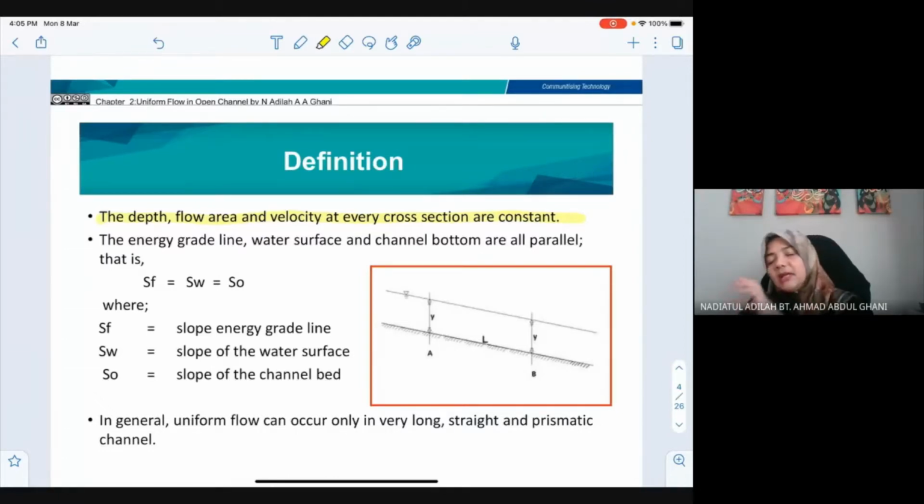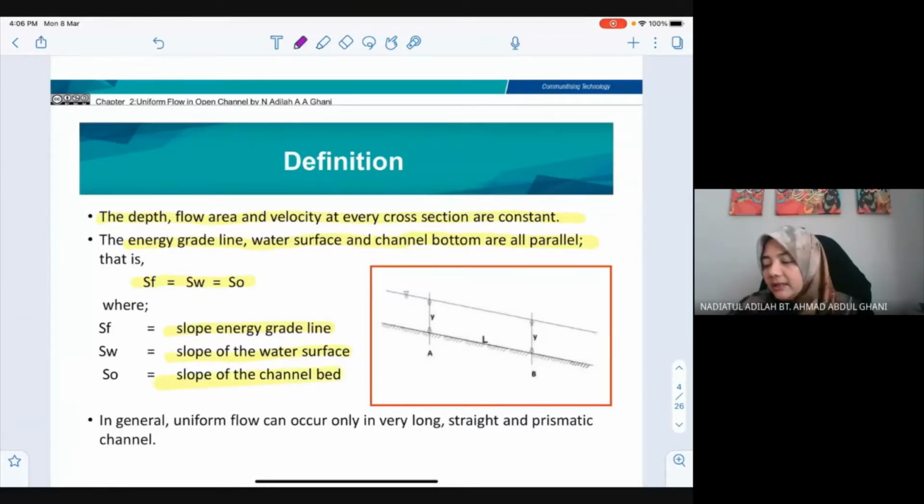Uniform flow maksudnya at every section, the flow depth, the flow area and also the velocity are constant. And then if you see here, energy grade line, water surface and channel bottom are parallel. Kalau you tengok sini, SF equals to SW equals to SO, di mana SF is the slope of energy grade line, SW is the slope of water surface and SO is the slope of the channel bed.